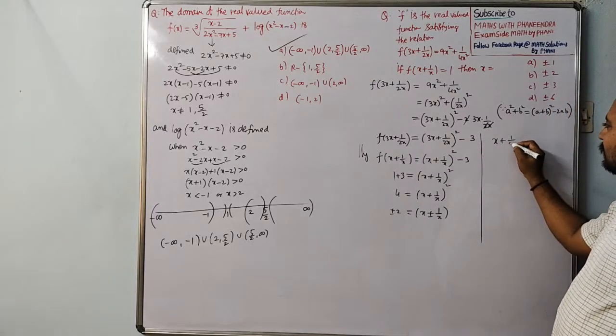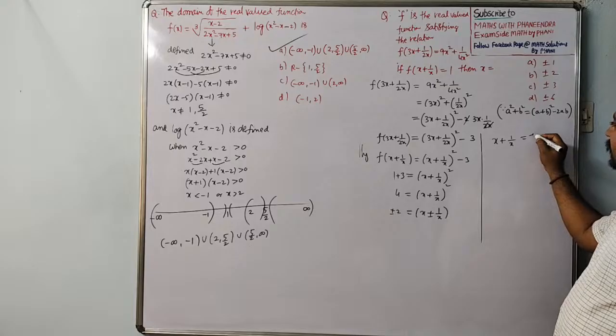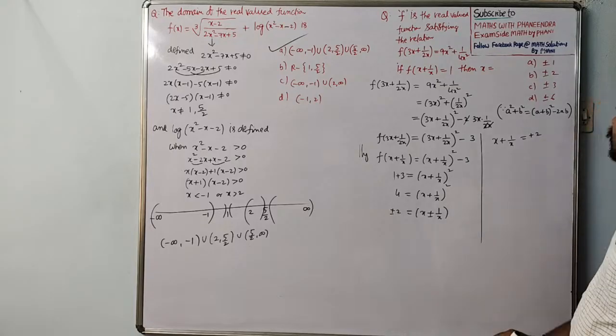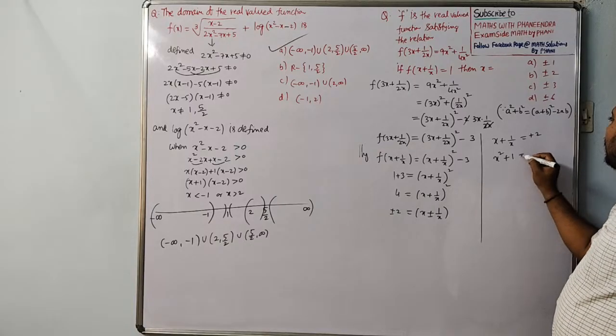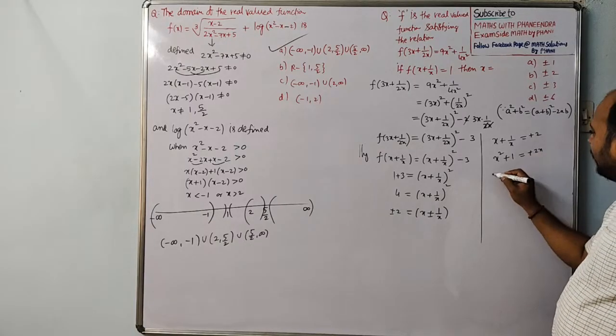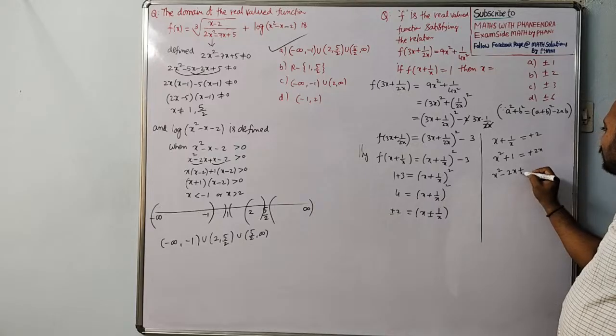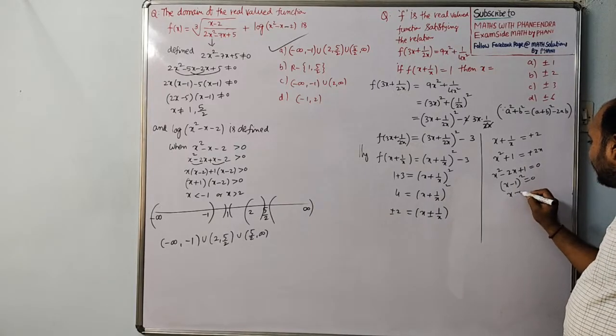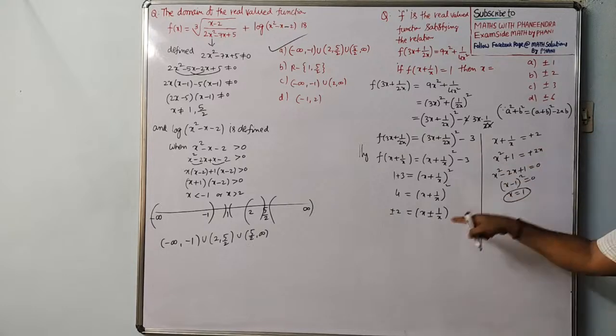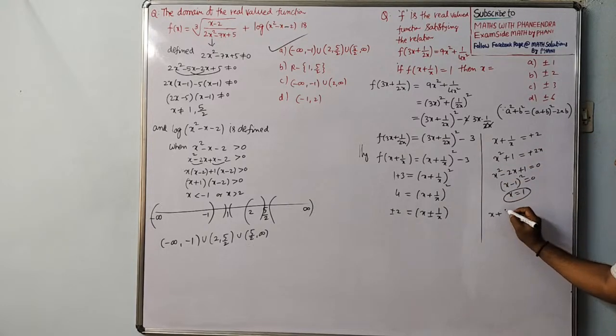x plus 1 by x is equal to, suppose if we take plus 2, what happens? x square plus 1 is equal to plus 2x. That will be this side, x square minus 2x plus 1 equal to 0. x minus 1 whole square equal to 0. x is equal to 1. Suppose if we take another case, minus. x plus 1 by x is equal to minus 2.